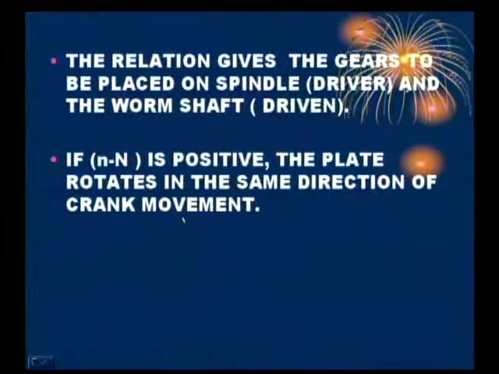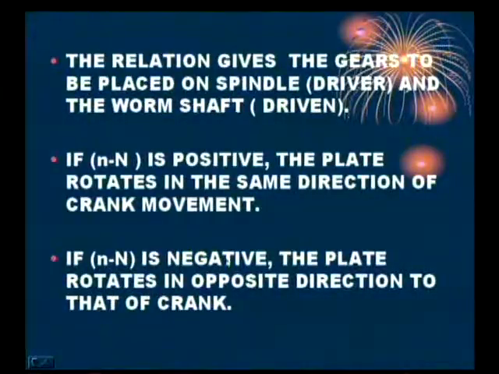So, we have to provide the gears in such a way that the motion is transmitted in the same direction. If n minus N is negative, the plate rotates in the opposite direction. By putting in another idle gear, the direction may be reversed. So, when the crank is rotated clockwise, the plate will be rotated anti-clockwise.